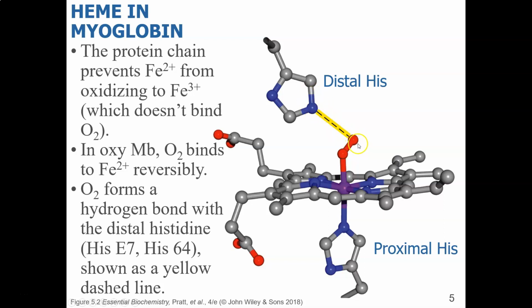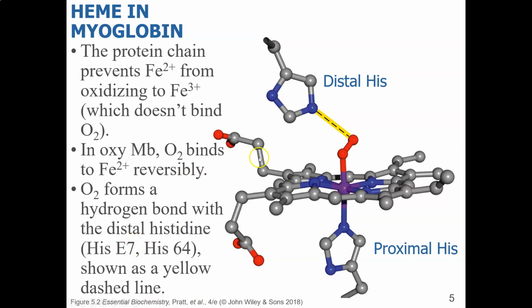The oxygen forms a hydrogen bond, shown in this dashed yellow line, and that's called the distal histidine. So proximal histidine and distal histidine: proximal means close by, distal means further away. Distal histidine is histidine E7. That's the 64th amino acid residue of the 153 in myoglobin, and it's the 7th residue in the E helix.